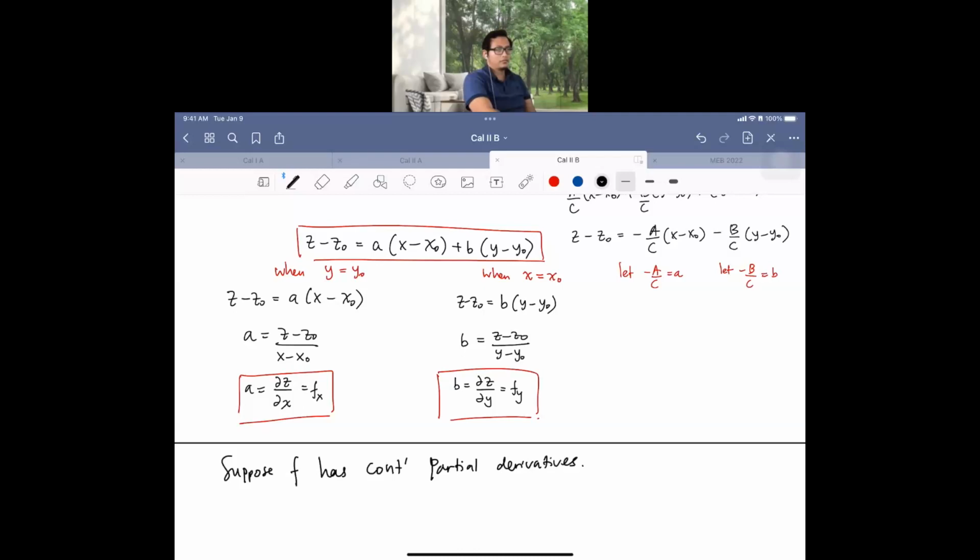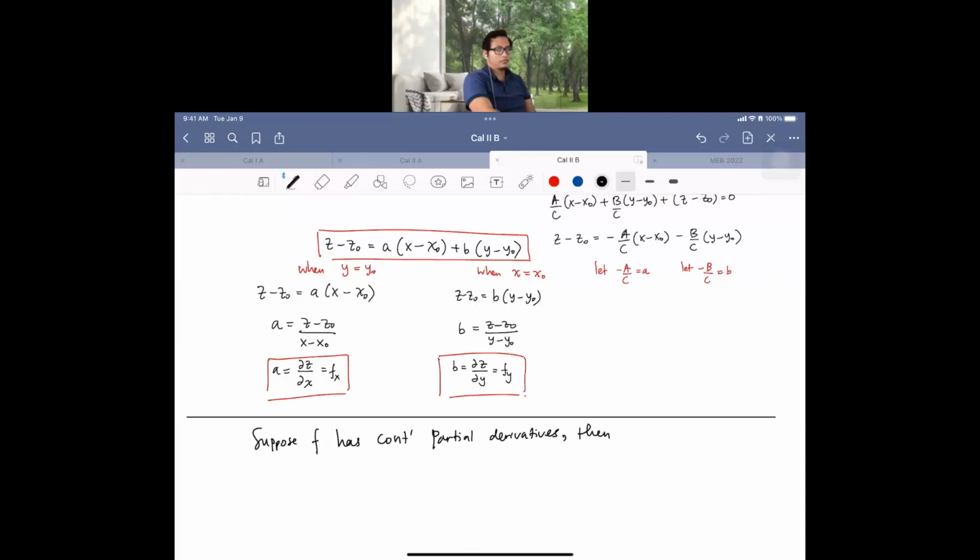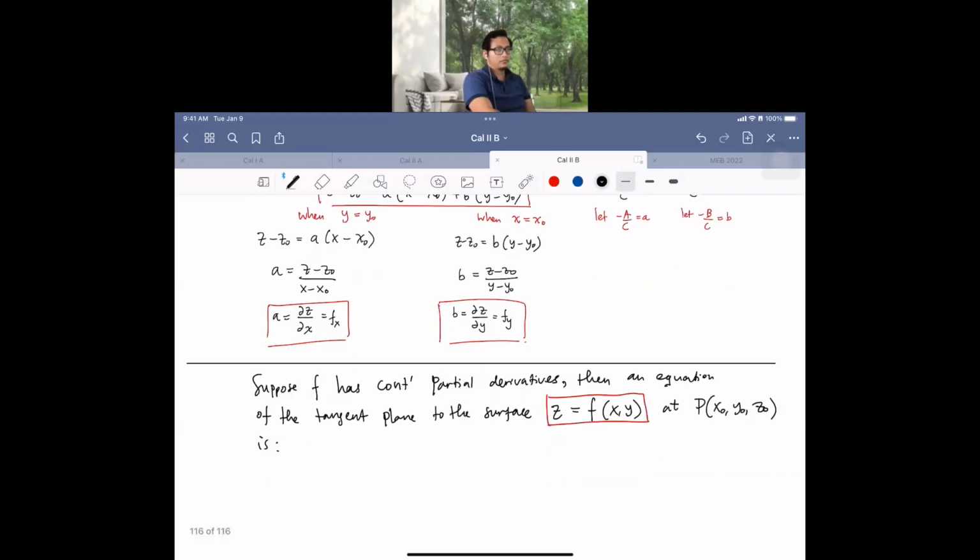Then an equation of the tangent plane to the surface z equals a function of x, y, at the point x0, y0, z0 is this.